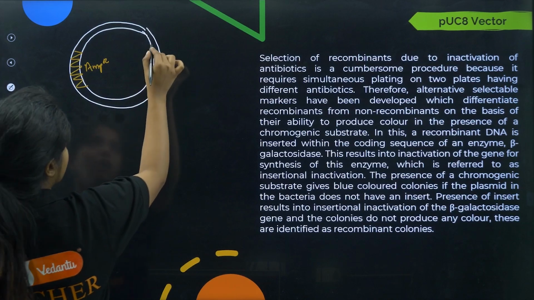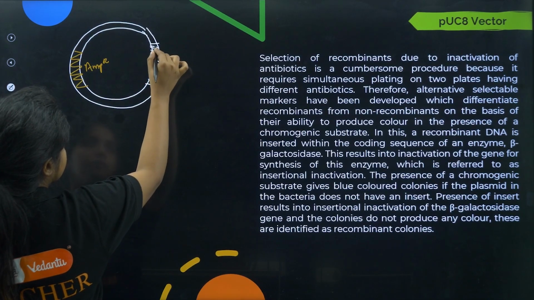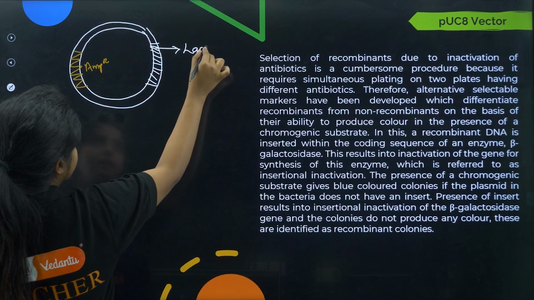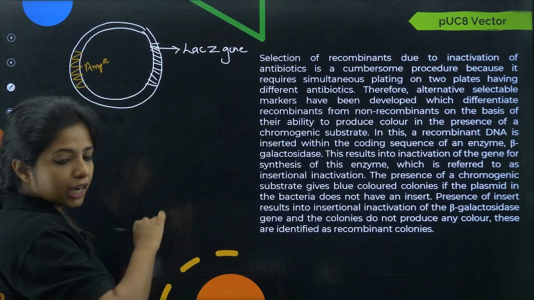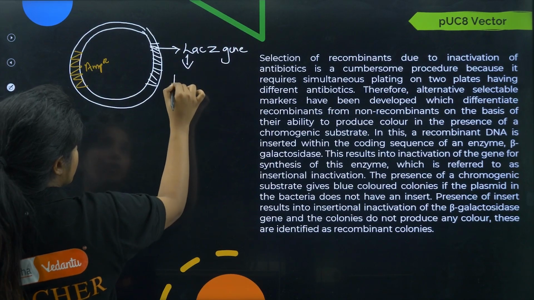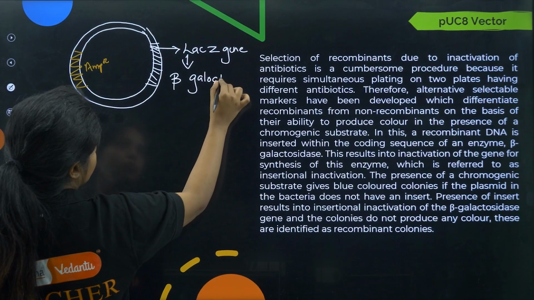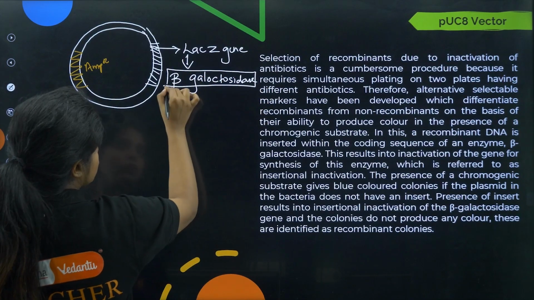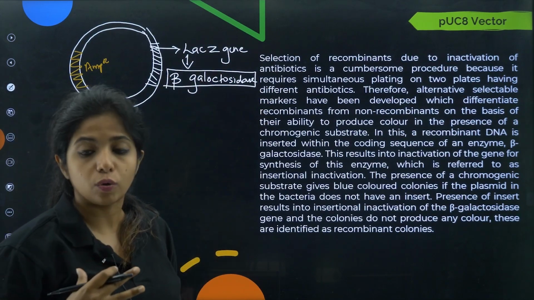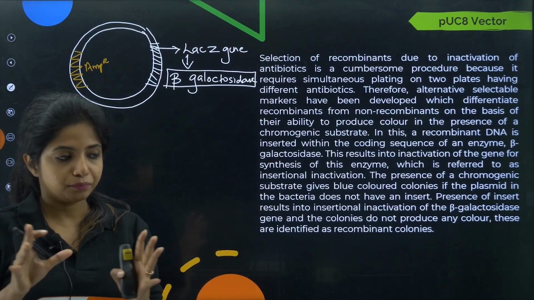And here there is another gene which you call the LAC-Z gene. Remember the LAC-Z gene? It was responsible for making beta galactosidase. This is an enzyme that it codes for. So the LAC-Z gene usually codes for beta galactosidase. Now I'll tell you the scenario.